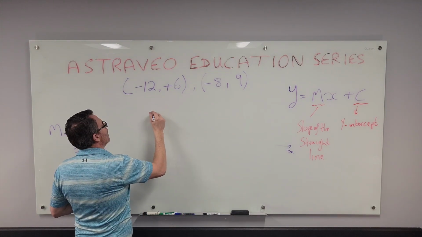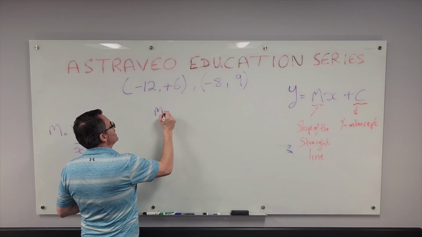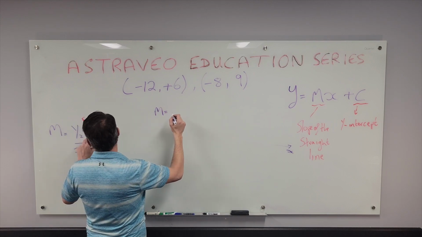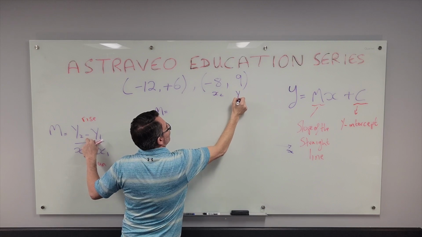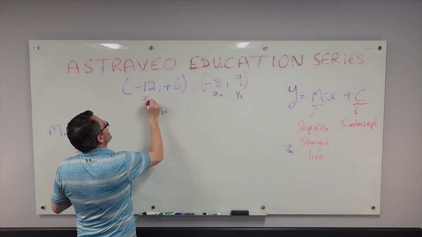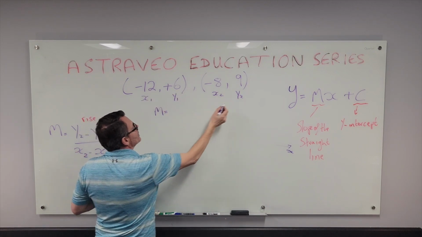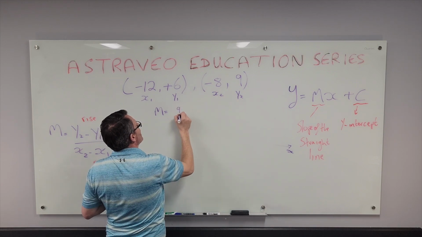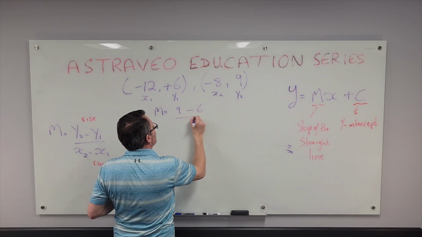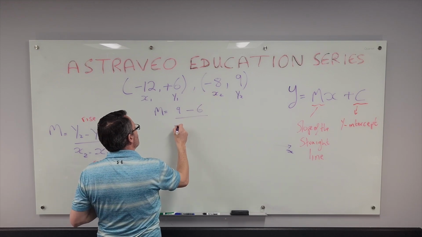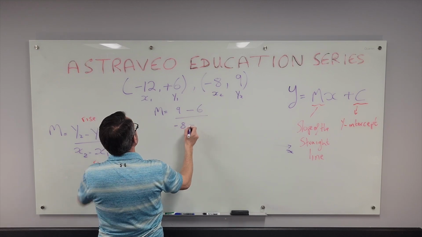So m, the slope, is y2 minus y1, over x2 minus x1. Don't forget, x2, y2, x1, y1. So y2 is 9, y1 is 6, over x2 minus x1.